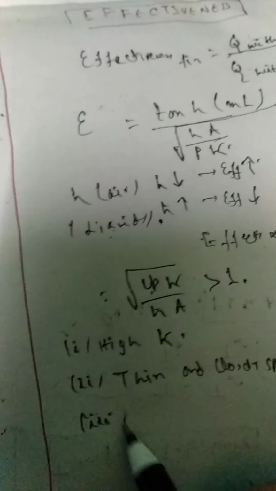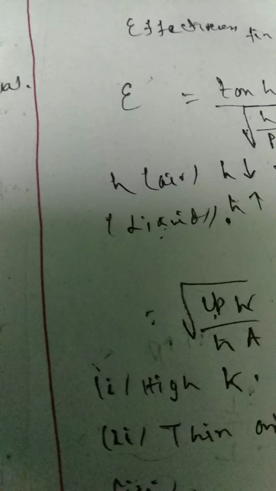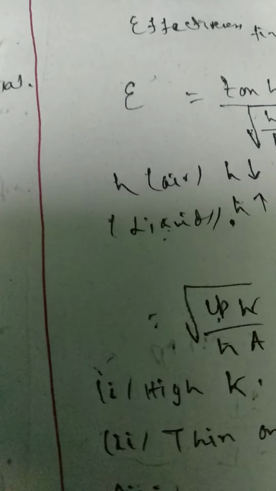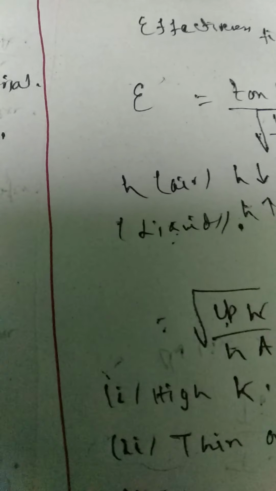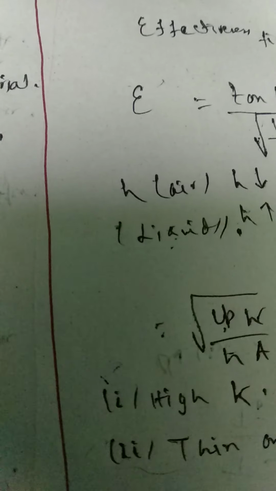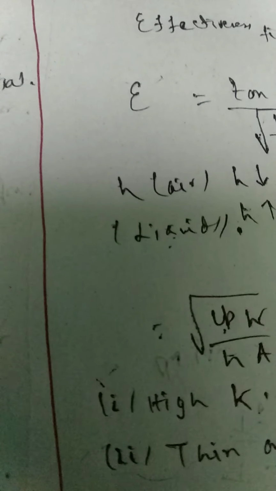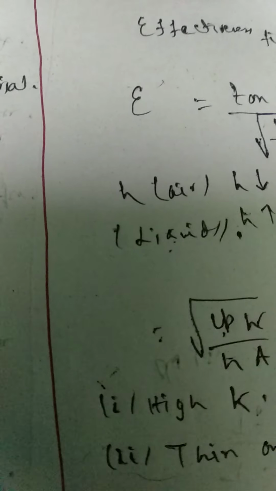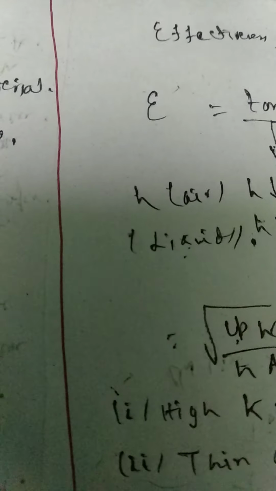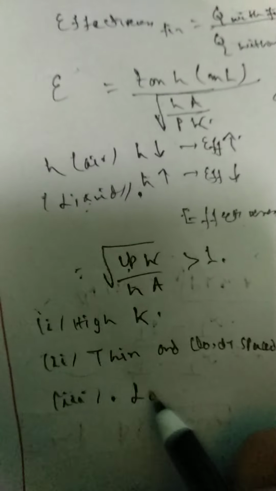The third important point is that they should be justified when the value of h is small. You already know this. So fins are generally placed on the side of the lower heat transfer coefficient.